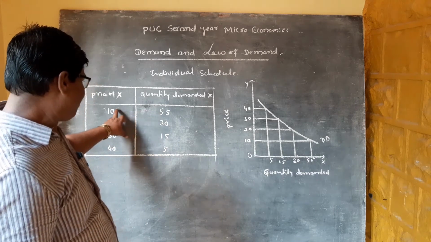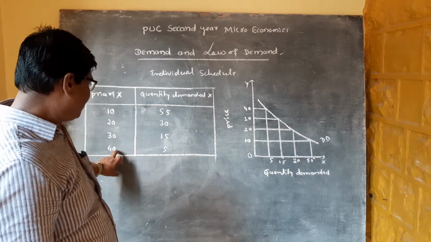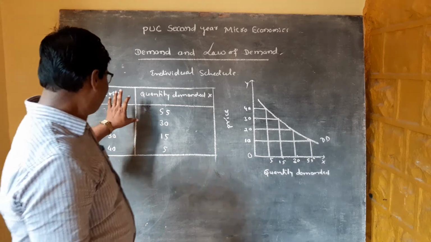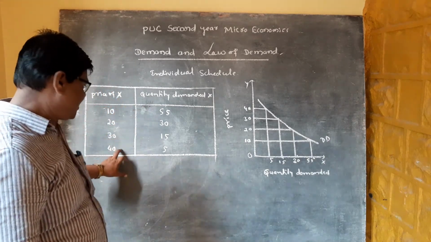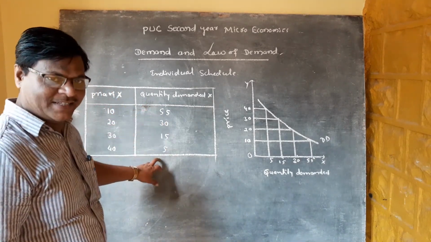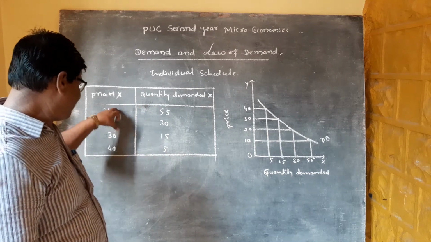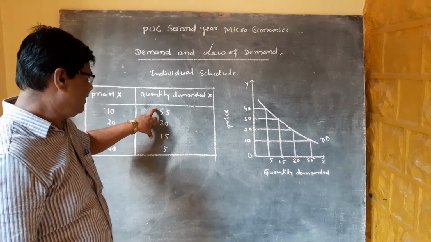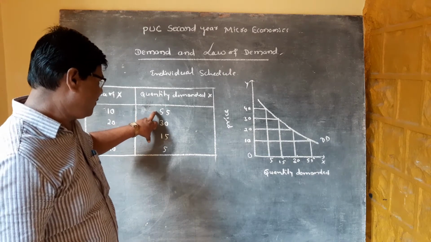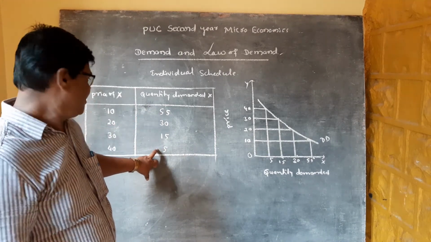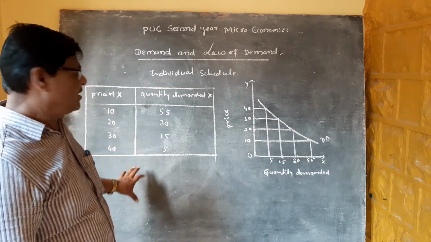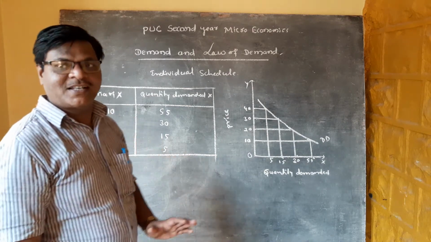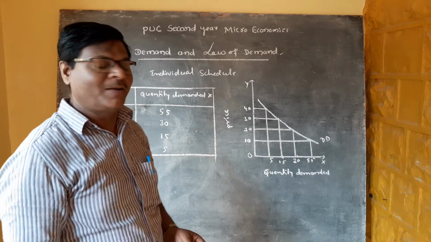When the price increases from 10 to 40 rupees, the demand decreases from 55 to 5. It is an inverse relationship between price and demand.